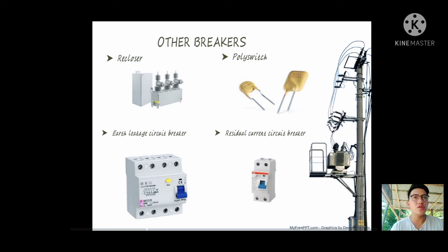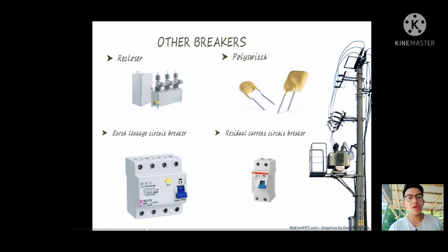Next is the polyswitch. A polyswitch is also known as a resettable fuse. It is made of crystal polymers. It is used in computer power supplies, aerospace, and nuclear applications, and also in loudspeakers.